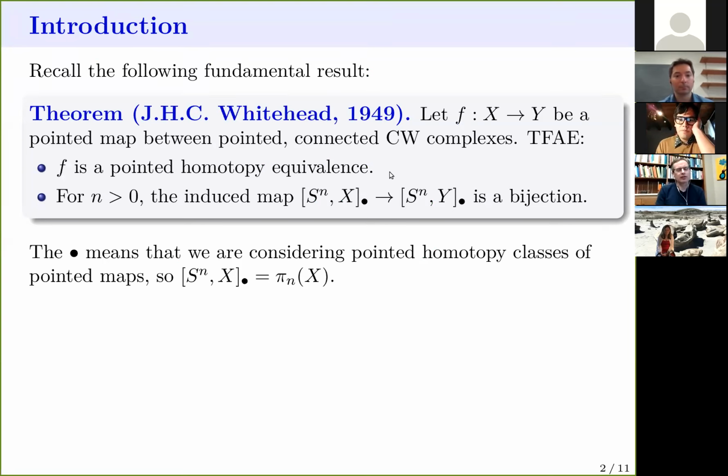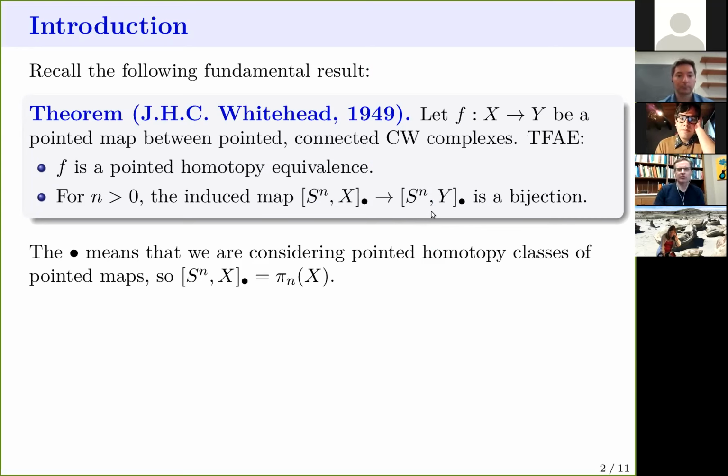And the other condition says that you can check this by mapping spheres into the spaces. So I'm writing it in this way, but we're talking about pointed homotopy classes of maps from spheres to X, which is normally written as the homotopy groups. So you can detect homotopy equivalences by seeing if you get an isomorphism in homotopy groups. Very useful and powerful theorem.